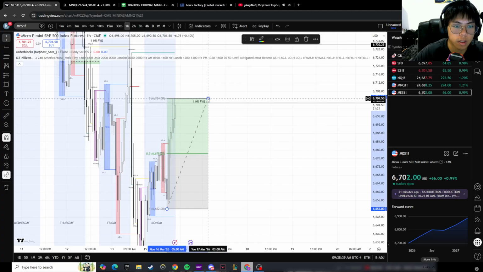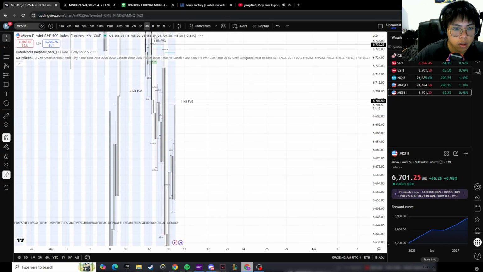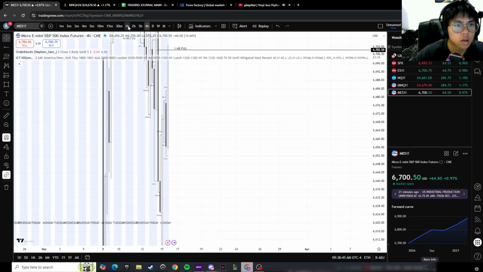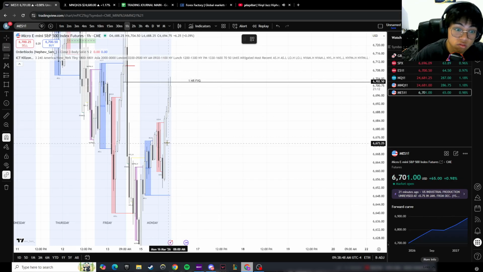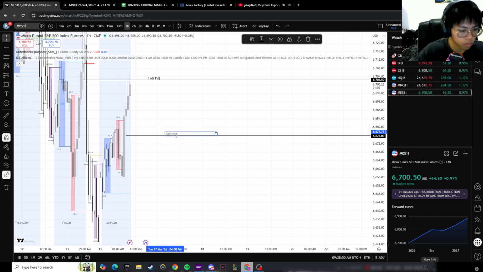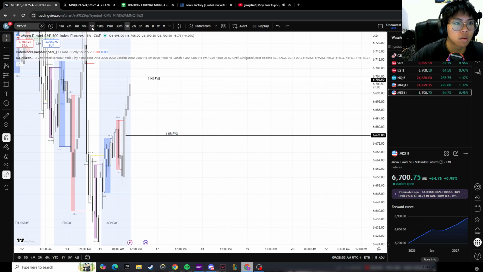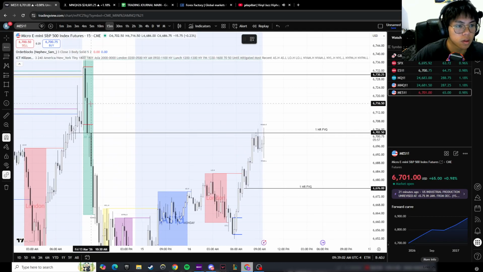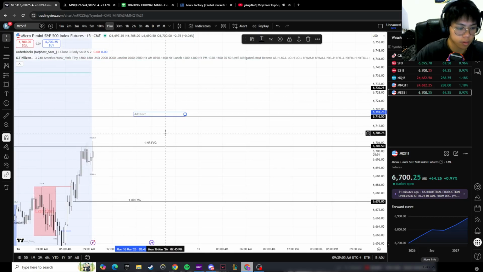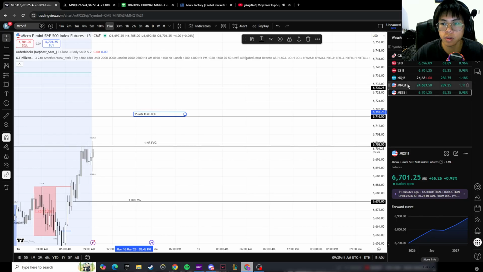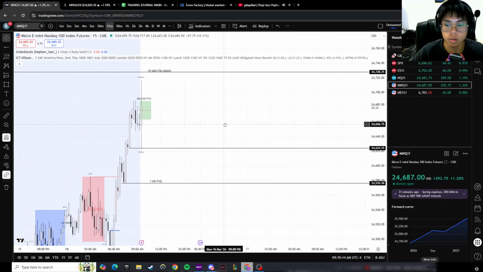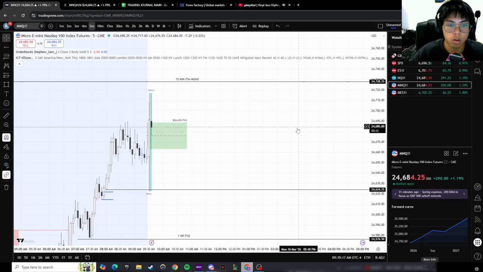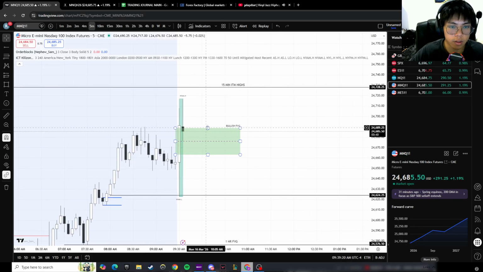Yeah, ES is currently in a 1 hour here, and it's respecting it as well. This is my main draw, so if ES takes this out, maybe look for an S&T here. I'm gonna look for NQ. Okay, we have 40 seconds for this candle.